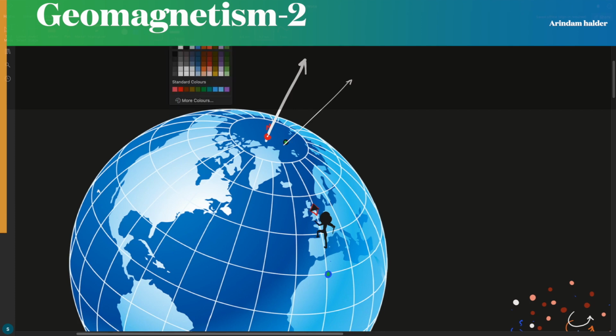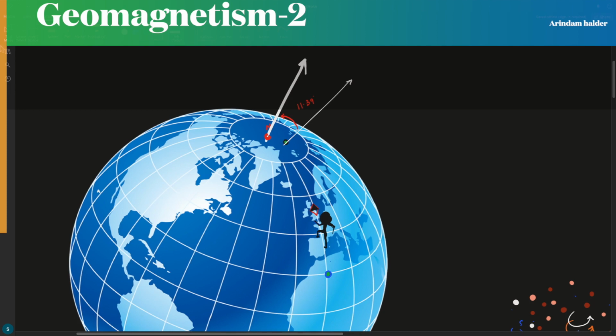If you measure the angle between these two, you'll see that this angle is some 11.39 degrees. So the point where you have reached, the axis passing through that point, and the actual geographic North Pole have an angle difference of 11.39 degrees.